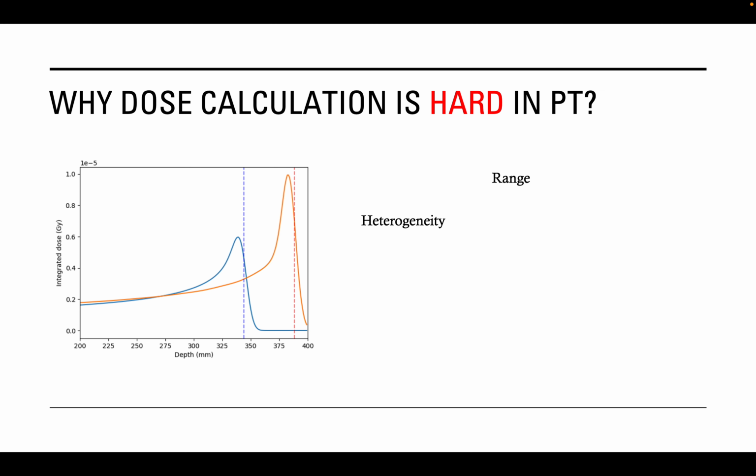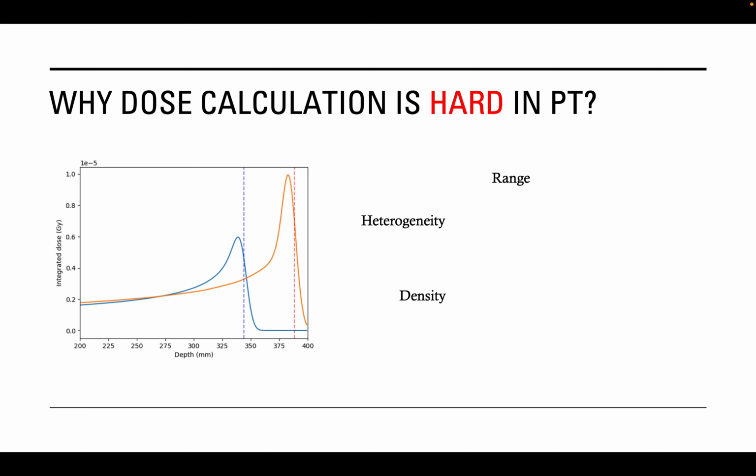Heterogeneity: human anatomy isn't just water, it's bone, lung, air cavities, which change proton energy loss as the proton traverses through those mediums. So it makes the dose calculation quite non-intuitive. It becomes very difficult to calculate where the dose will end up.